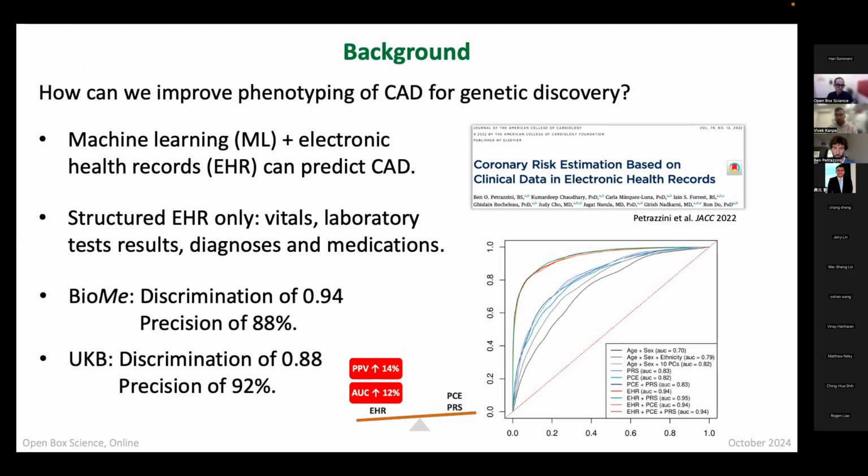Yes, I would think of it as the added value of the PRS already being captured by some of the clinical features. And I think most of it comes from covariates, age and sex, and some others that are also tested in the PRS score. So when we say PRS here, it's PRS plus age and sex. So yes, the value of the PRS is already captured by clinical features in the EHR.